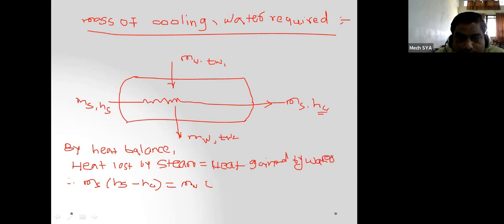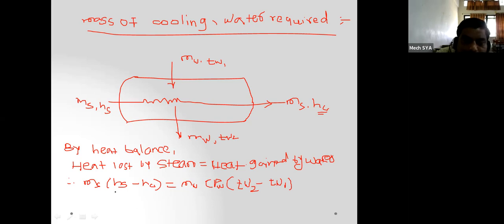So it is mw into CPW into bracket TW2, positive difference, minus TW1. Okay, so this is the equation.